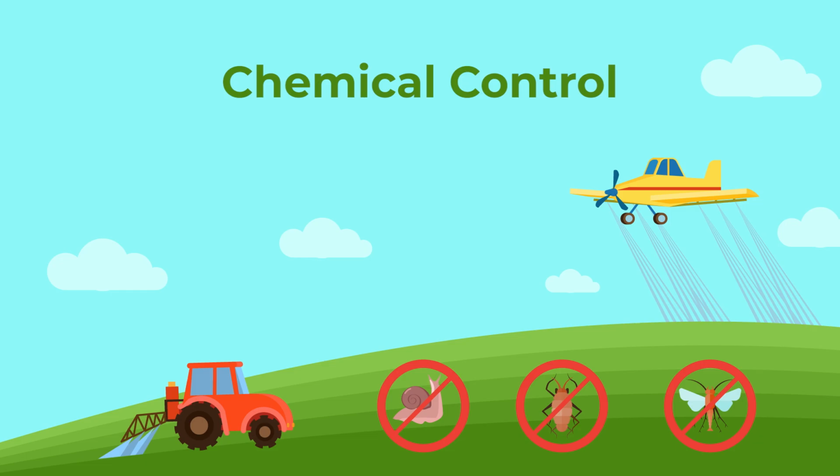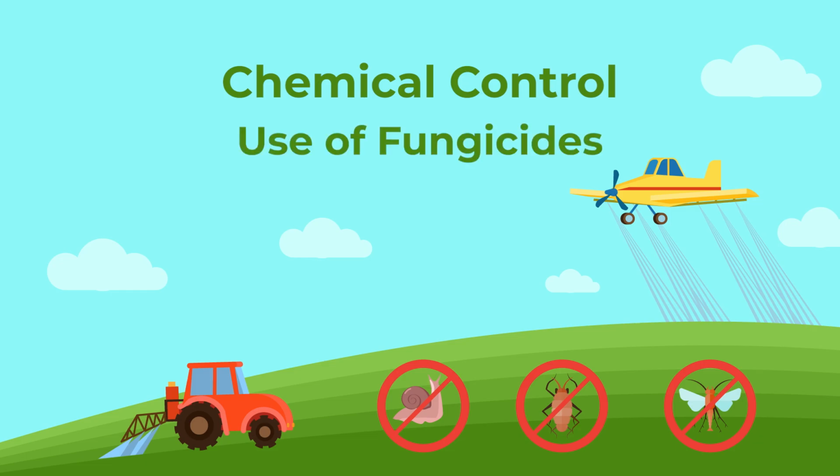Fourth, chemical control. Use of fungicides. Chemical or a combination of chemicals lethal to fungi that saves the host from infection is called a fungicide. Fungicides, according to their movement in the plant system, are of two types. The first one is systemic, which when applied on plants dissolves in the cell sap and is effective for the whole plant irrespective of where it is applied.